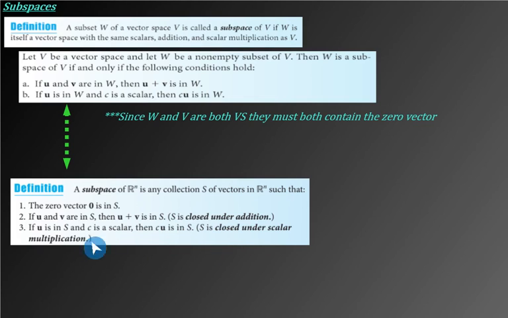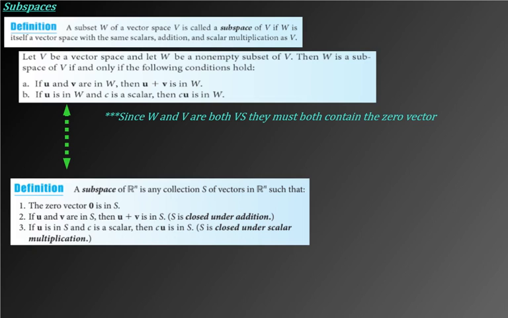We can reword this in the context of a vector space. A subset W of a vector space V is a subspace of V if W is itself a vector space with the same scalars, addition and scalar multiplication as V.